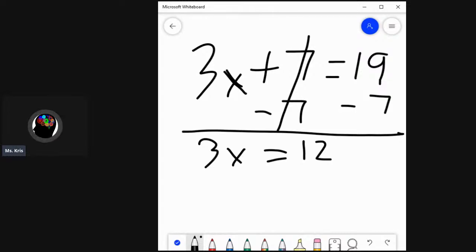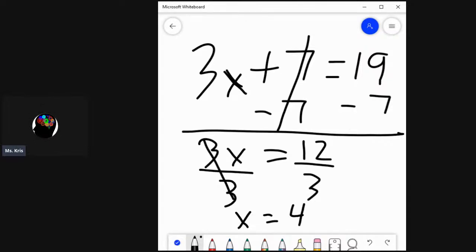Now, how do I get the 3 away from the x, seeing as how 3 is times x? Well, of course, if you remember, we divide by 3 on both sides. Once I divide by 3 on both sides, the 3's cancel or divide out, and I'm left with x, and then x equals 4.